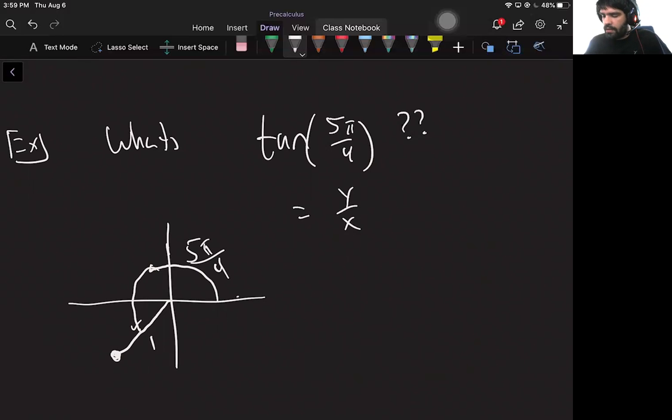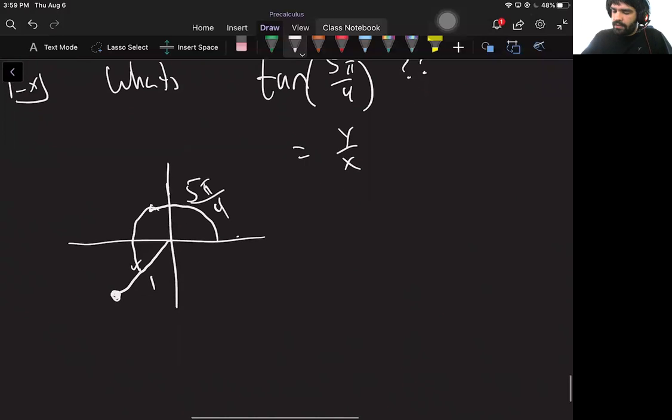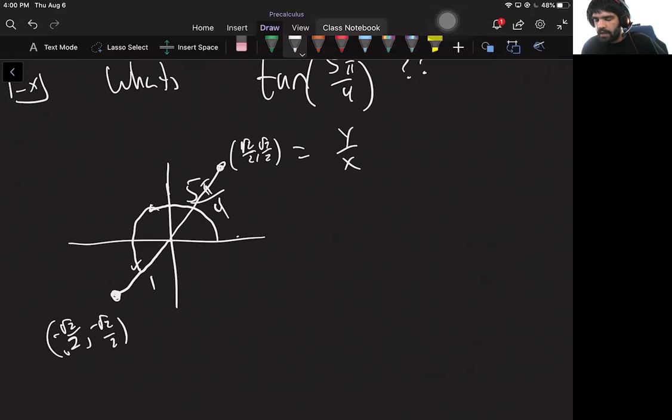So because I know that the point over there corresponds to the point over here, which is root 2 over 2 comma root 2 over 2, except I'm on the left now, the x and y are negative.